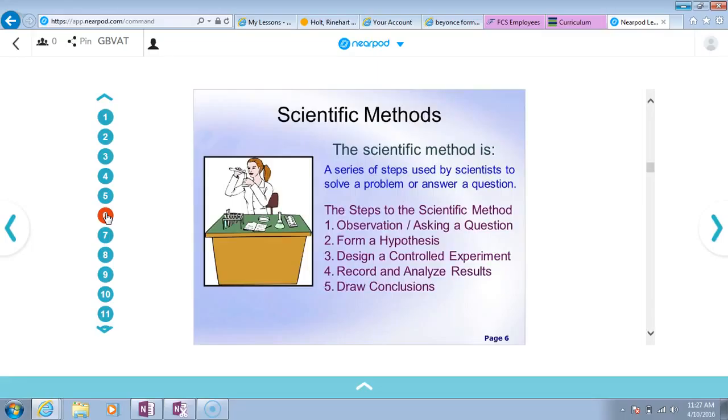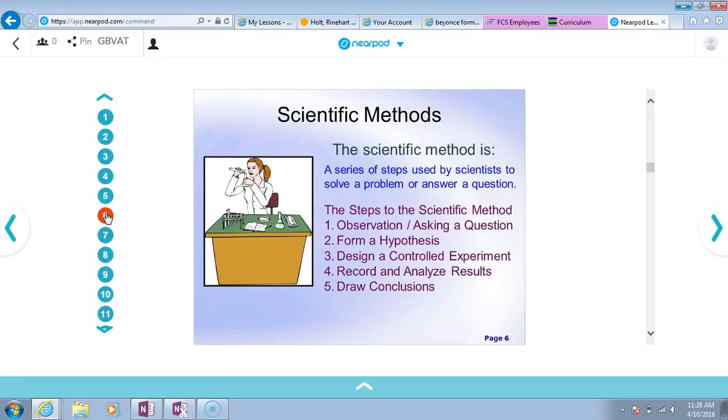All right, so observation has to happen, and then once you observe, you have to ask a question. All right, next, form a hypothesis. Again, once you observe and once you form your question, now you have to form a testable statement, which is your hypothesis.